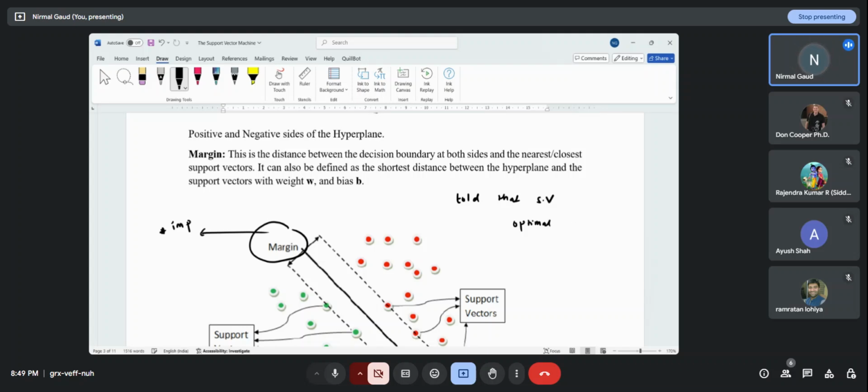Yesterday also I told you, optimal decision boundary, optimal hyperplane. Support vectors are helping. Support vectors are the vectors which are closer to the decision boundary.